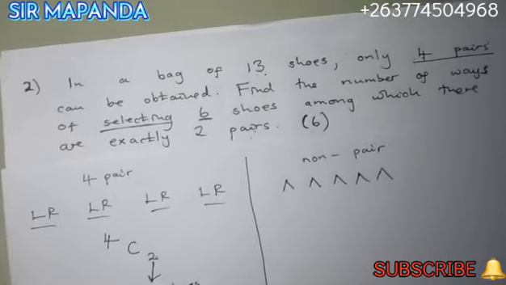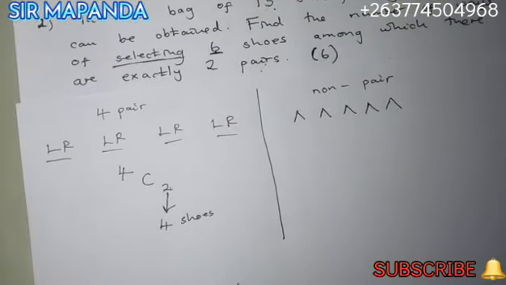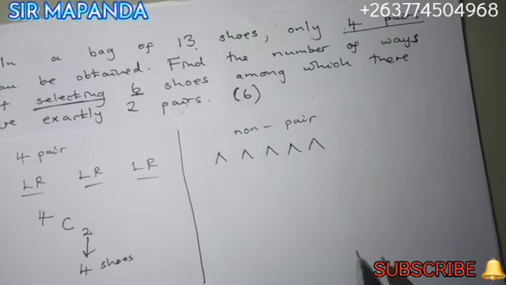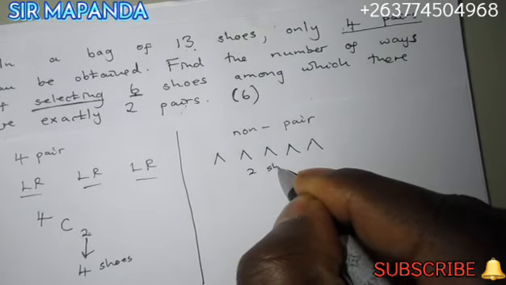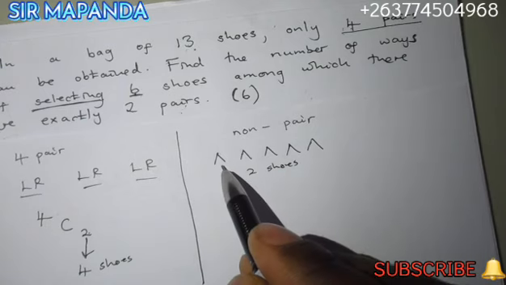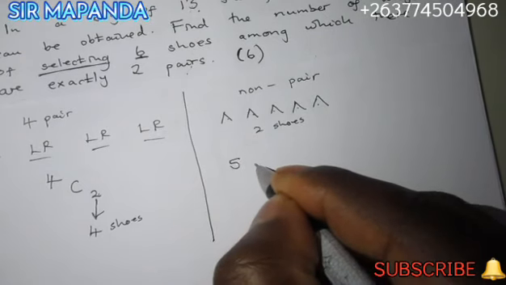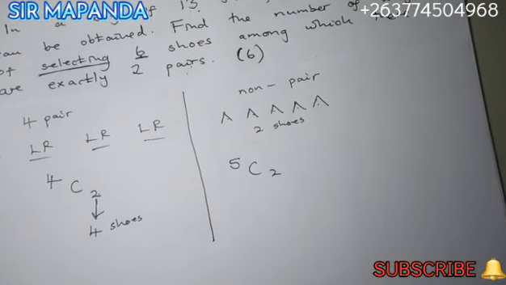But remember, we need 6 shoes in our selection. So for them to be 6, we now need to choose 2 shoes from the non-pair side. How many non-pair shoes do we have? 1, 2, 3, 4, 5. So you write 5 combination of 2. I hope you are following.